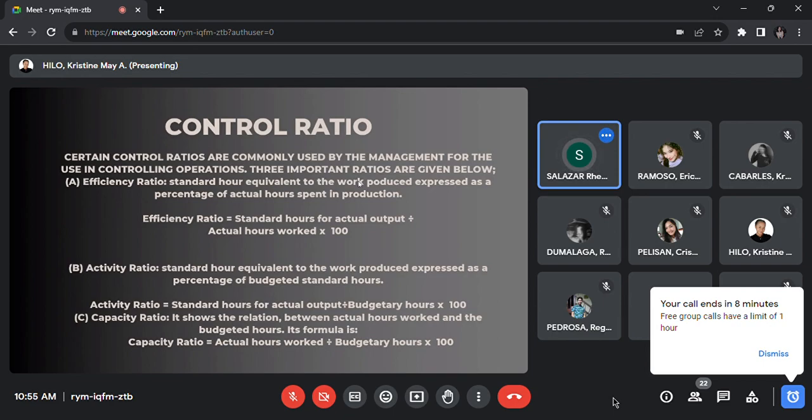Activity ratio: standard hours equivalent to the work produced expressed as a percentage of budgeted standard hours. So ang formula ng activity ratio is equal to standard hours for actual output divided by budgeted hours times 100.